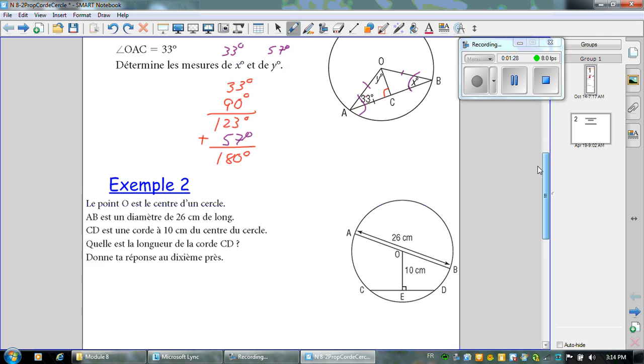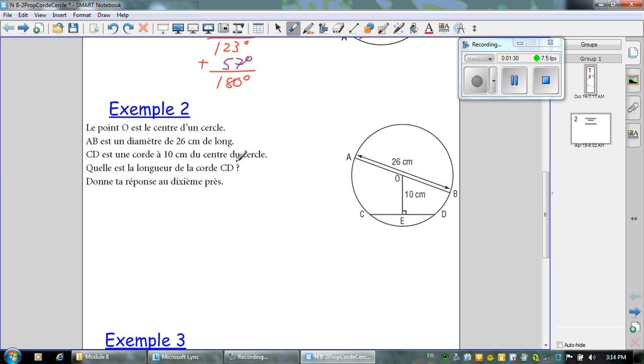Let's do another example. So here you're looking to find the length of this chord here, CD. Well, we can do this because we have the diameter, and if we have the diameter, we know that the radius is 13.